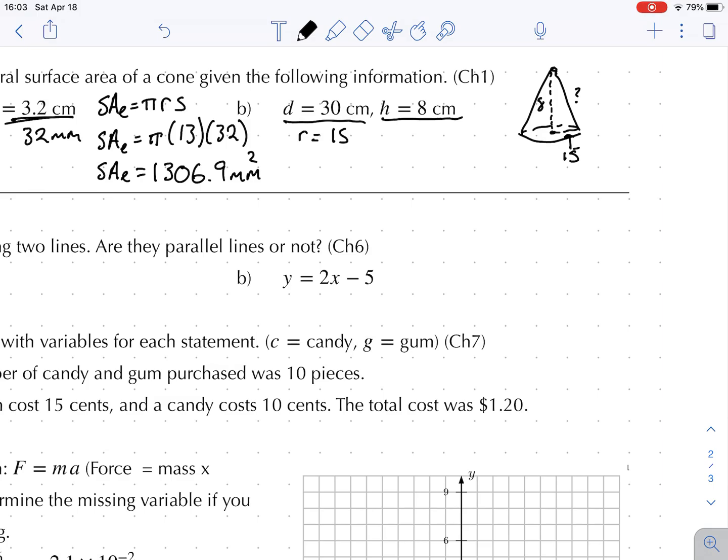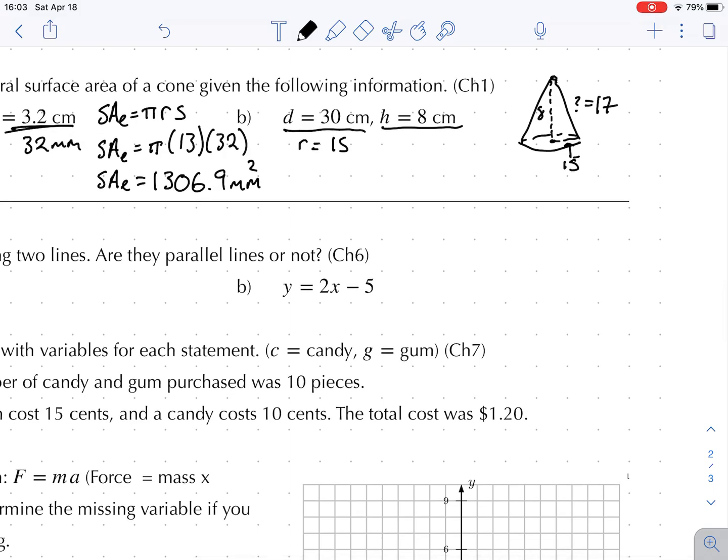So we're going to do a squared plus b squared equals c squared. So 15 squared plus 8 squared is equal to 289, and square root 17. So our slant height is equal to 17. Another nice Pythagorean triple. So to do our surface area, it's equal to pi r s.